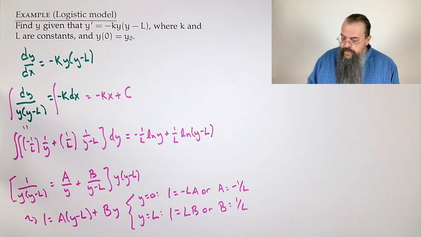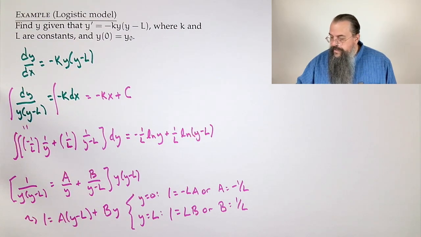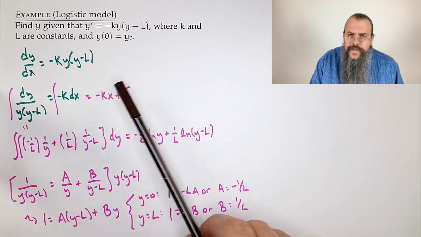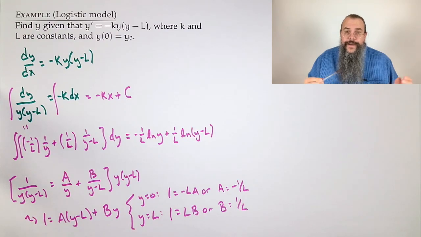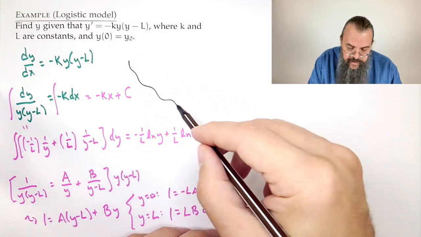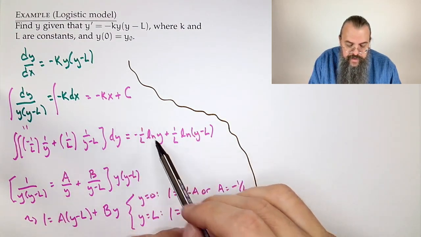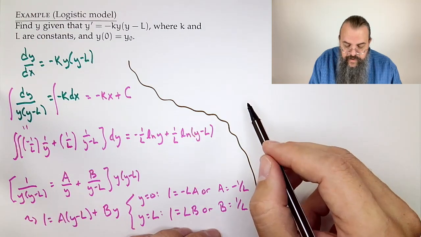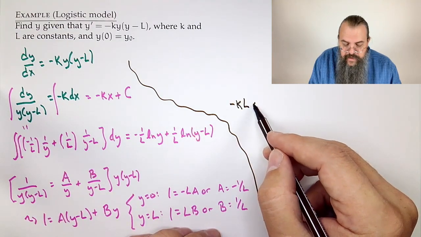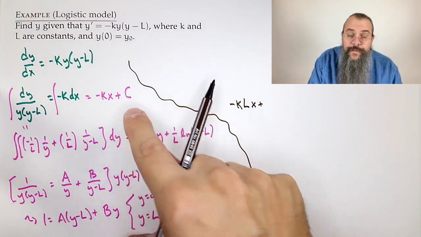So, switch our colors, because we've done a lot. And we say, okay, look, we have that this expression is equal to that expression. All right, well, that's fine. No problem. Let's multiply both sides by L. So we could say minus k times L times x plus L times c.